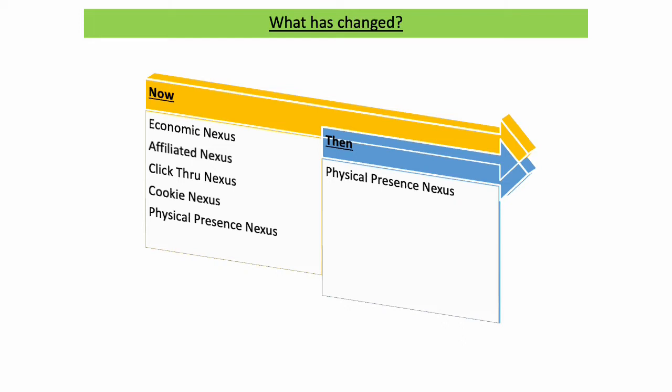About 10 to 15 years ago, or maybe 20 years ago, nexus was established mostly by the physical presence test, which means that if your business is physically present in a state in the form of a brick and mortar shop, or a storage facility, or a warehouse facility, or if you have an employee in that state, all of those were good enough to establish a physical presence nexus for sales and use tax purposes.